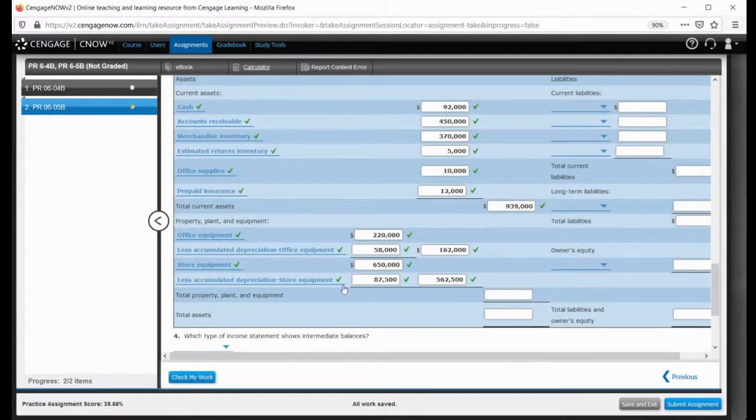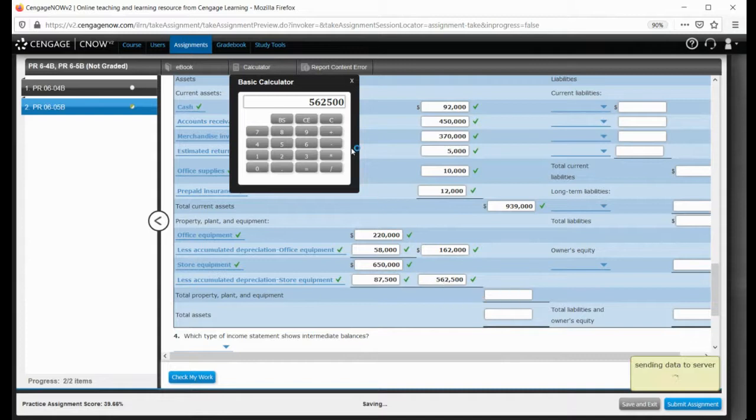So the book value of the store equipment is $562,500. Then, since this is all of our property, plant, and equipment asset accounts, we're going to add both of these book values together to get the total property, plant, and equipment.